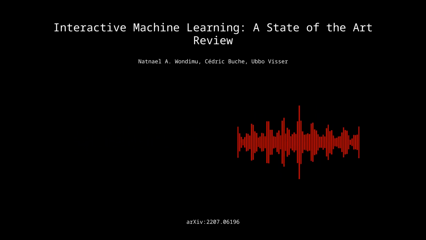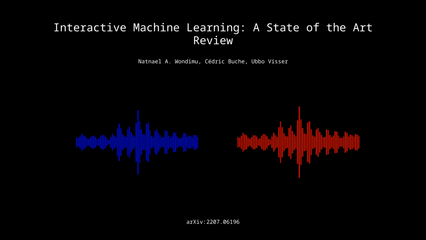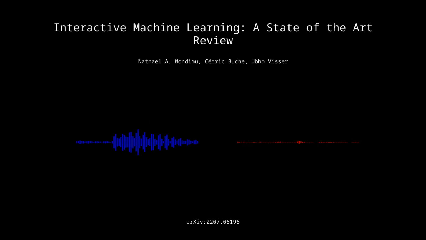It's like we're moving beyond the hype of AI and into this new era of practical, responsible, and human-centered machine learning. Exactly. And the research opportunities in IML are vast. Yeah. From developing new interactive algorithms and visualization techniques to establishing standardized evaluation metrics and designing intuitive user interfaces. There's so much exciting work to be done.